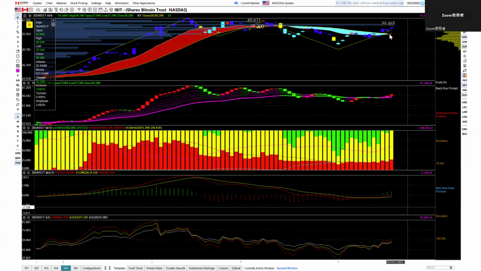The next panel, the whale accumulation, has been on a steady rise, even though it's very slow. But still, the trend is not bearish at all, especially since the green bars in the last bar have disappeared.